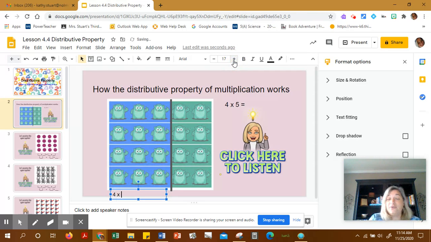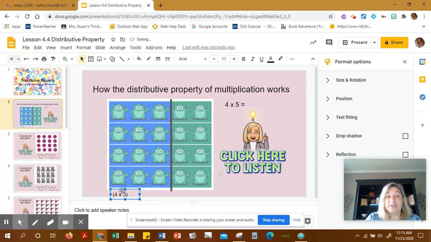So I still have 4 times, but now look, how many I have in each row is different. Count with me. 1, 2, 3. I now only have 3 objects inside my row in the array. So my array for this problem is 4 times 3.